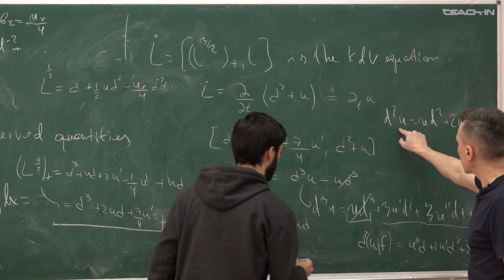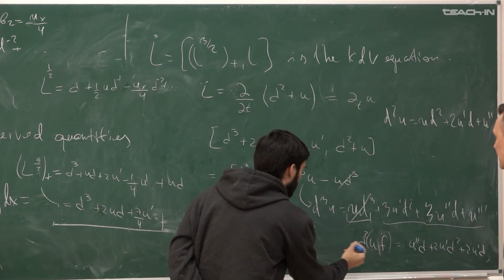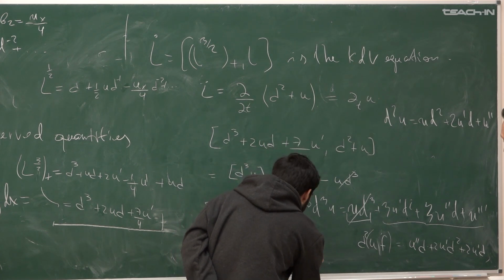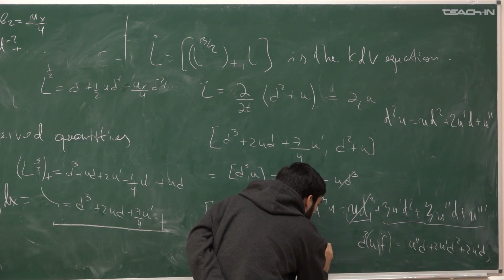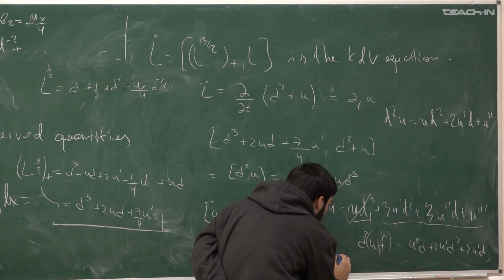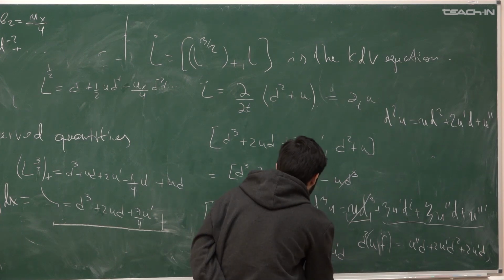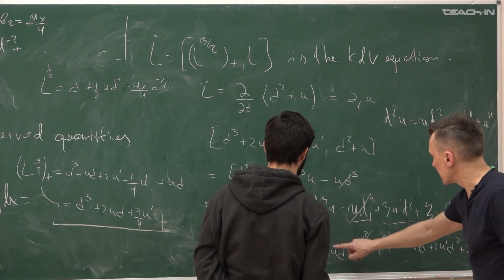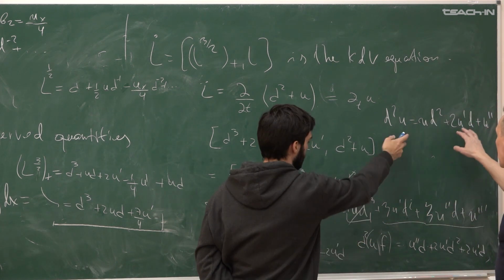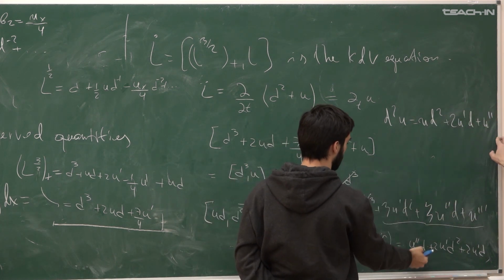Now you have to put this here, because I have to multiply by D. But here is D, first power. No, I'm putting this, not this.